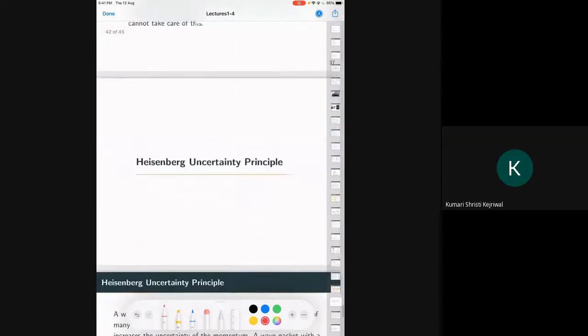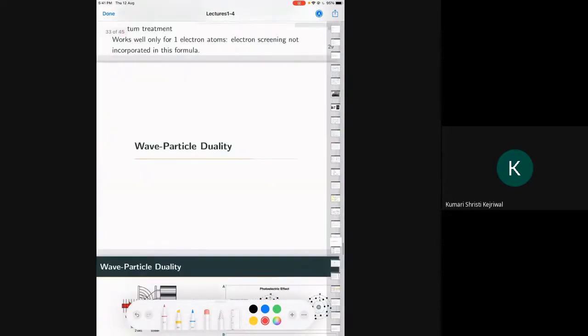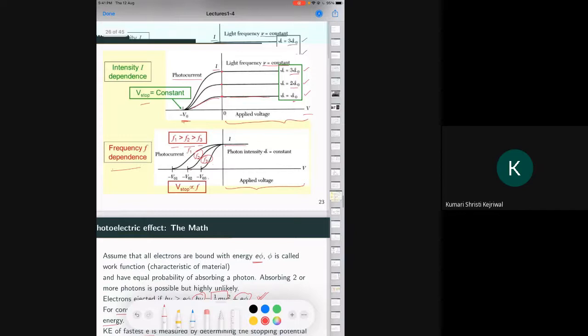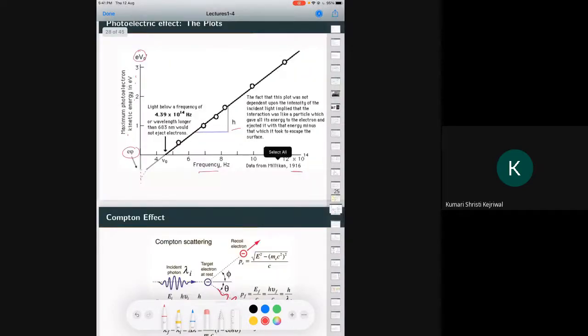And from the y-intercept, you can get the work function. So this is basically the photoelectric effect.